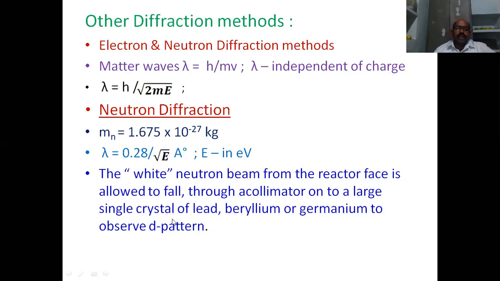If we use large crystals for this white neutron beam, we observe the diffraction pattern for those planes which obey Bragg's condition. Even by using a large single crystal, we are unable to get a bright, intensified diffraction pattern. That is the drawback.